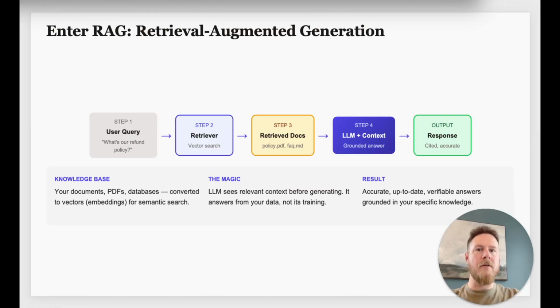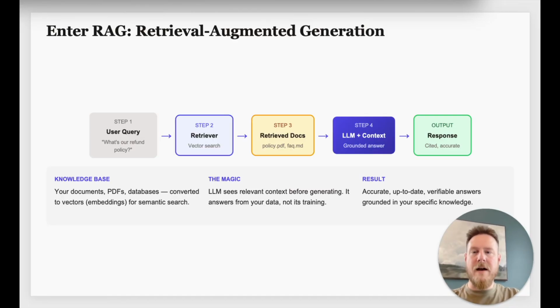The large language model then is going to have more context, and it's going to generate an answer that is grounded in actual documents, and the output is a response that's cited, it's accurate, and it's based on our specific data. It's not just based on what the model's more general training data is.